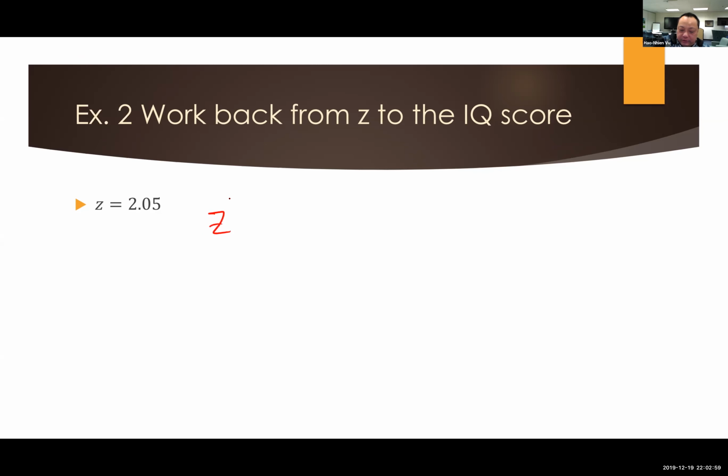And the way I like to do it is x is equal to, z is 2.05 standard deviations from the mean. So x is the mean plus 2.05 standard deviations.